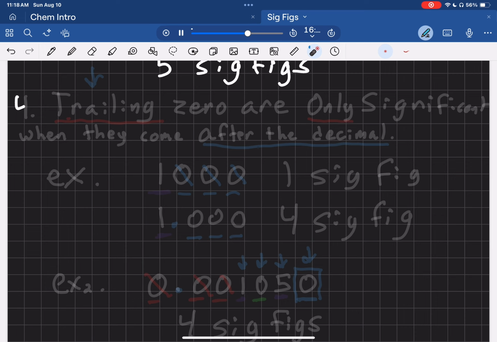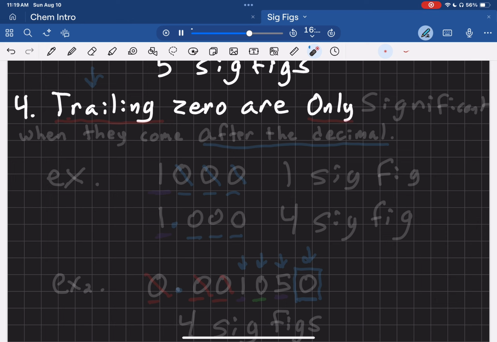So rule number 4 states as follows. Trailing zeros are only, so this is the first time we don't use the word all, are only, oh, I put only? There we go.